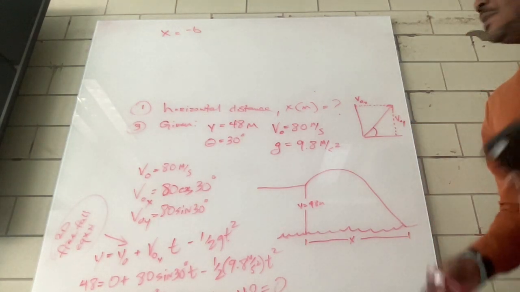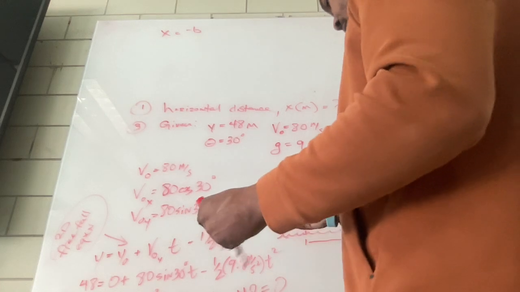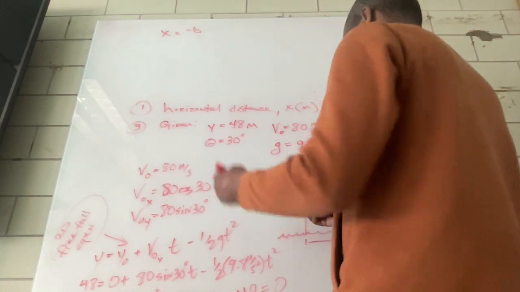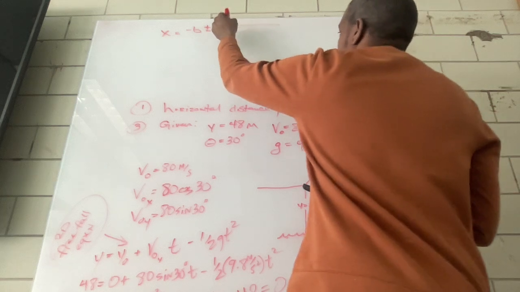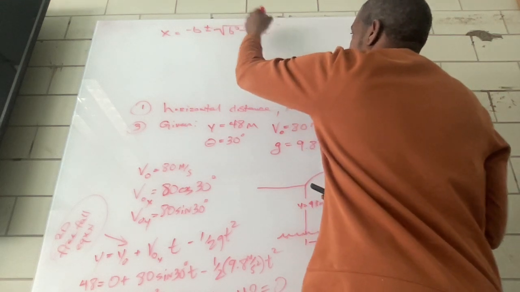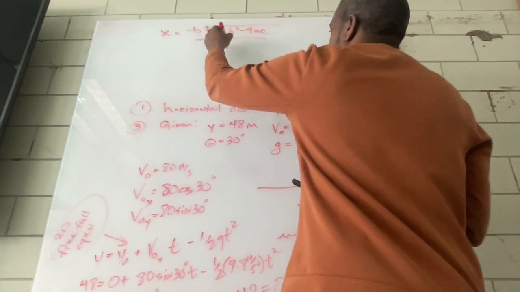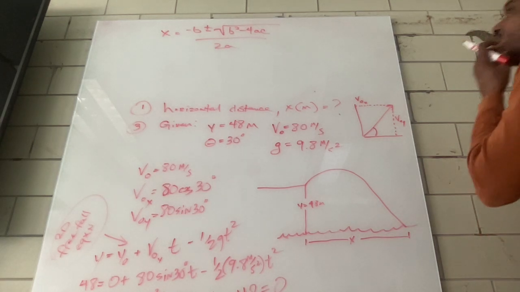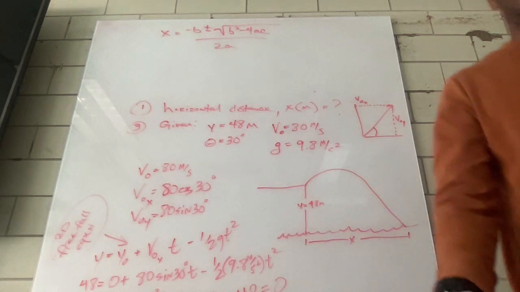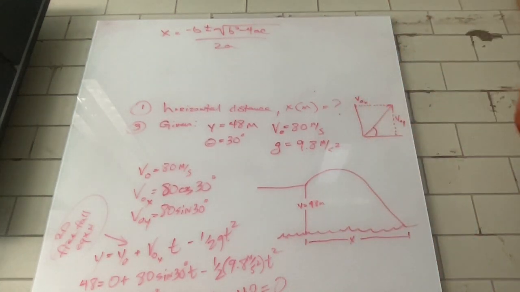Yep, x equals minus b plus or minus the square root of b squared minus 4ac, all over 2a. That's the solution to the quadratic equation. All right?